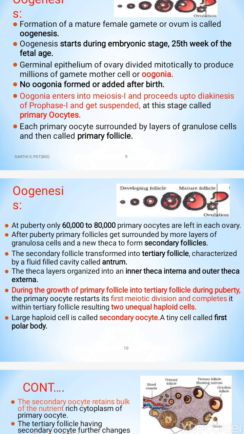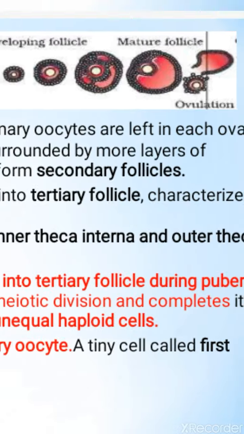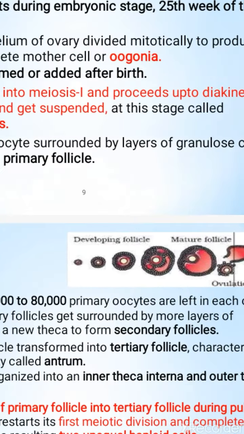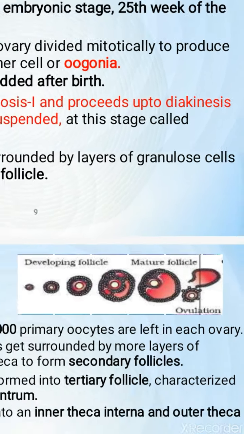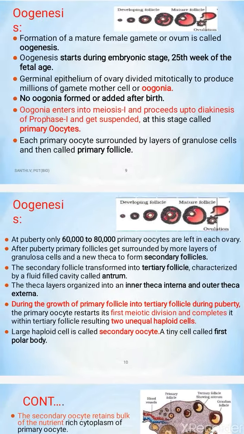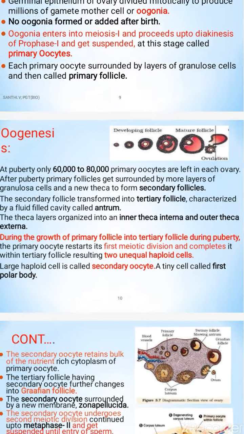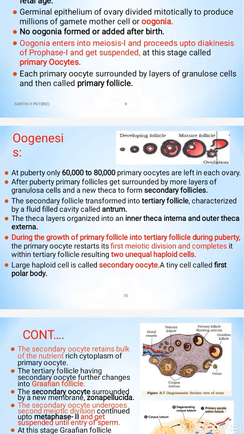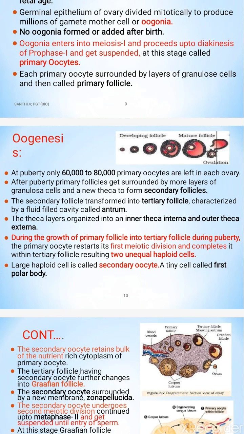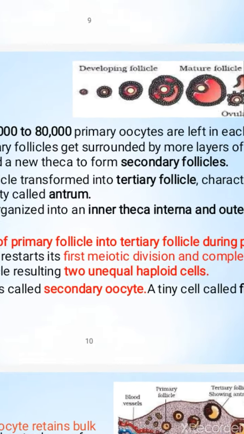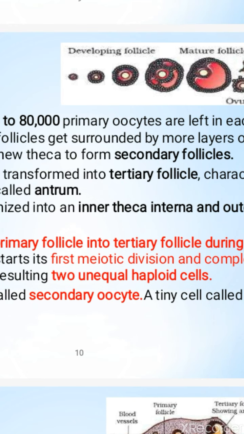The growth of the primary follicle into the tertiary follicle occurs during puberty. During that time the primary oocyte restarts its first meiotic division. Previously it was stopped at the diakinesis stage, suspended. Now it restarts and completes the first meiotic division within the tertiary follicle itself to form two unequal haploid cells.